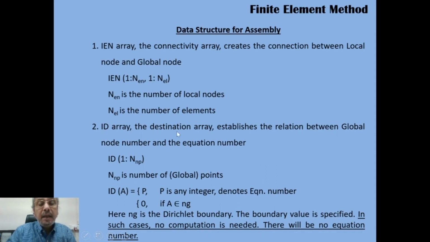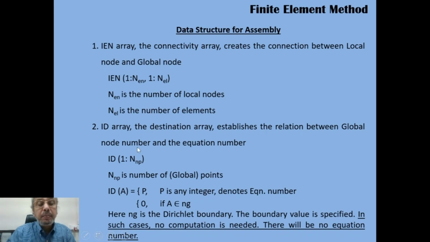Now, ID is an array that is called the destination array. This establishes the relationship between global node number and the equation number. So the IEN array gives the relationship between the local node number and the element number.